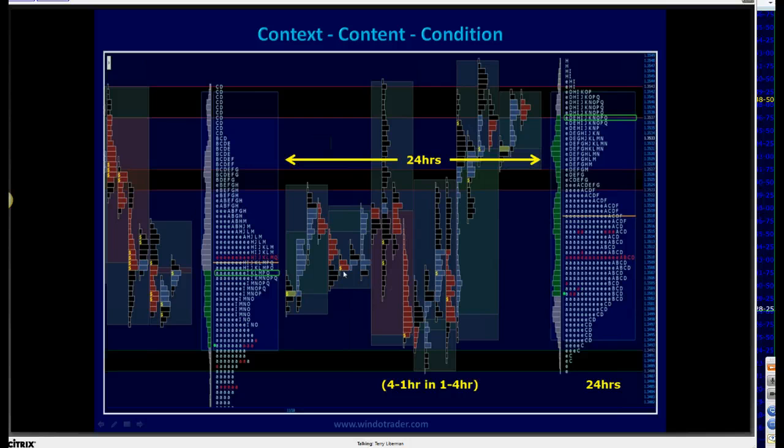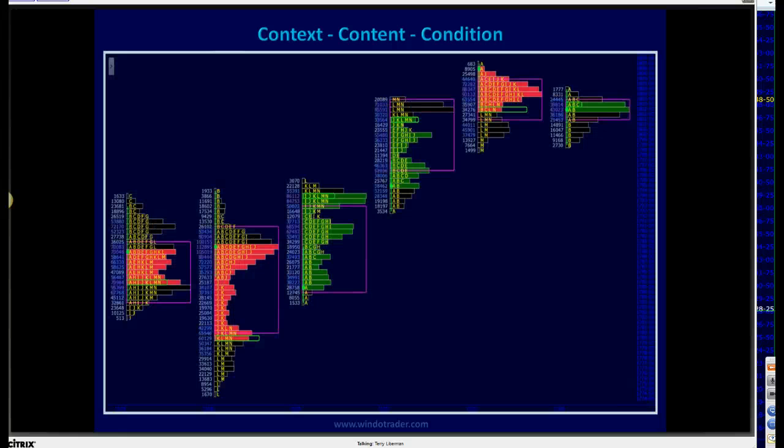Based on the way he's configured the software, he can tell where 100 lots or greater have traded. What he's looking for there is to see where size came into the market. So he has the 24 hours for the session in a profile format, and he's also able to see inside of each 4-hour candle the 1-hour time frames.